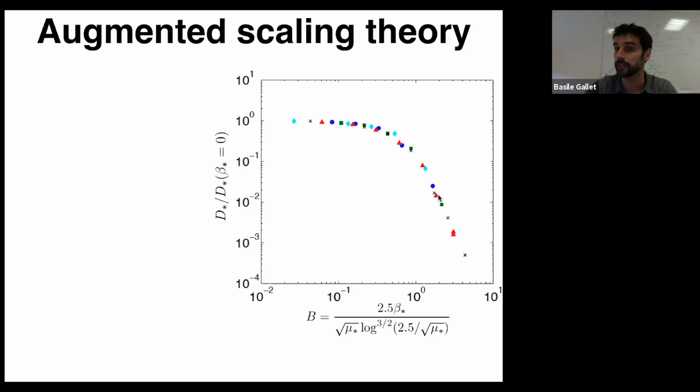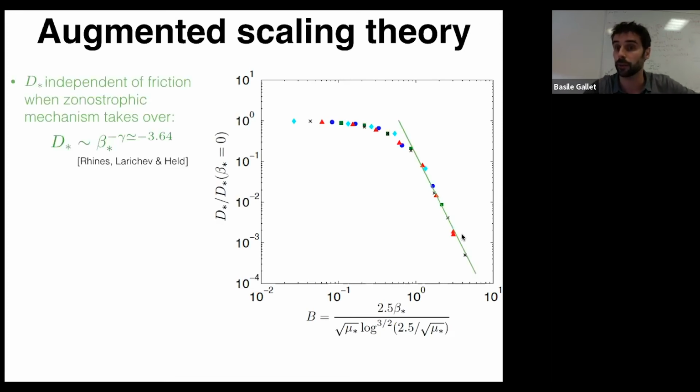And following Rhines or Larichev and Held, you can say, well, when beta is really the dominant mechanism and this zonostrophic mechanism is channeling the energy into zonal jets, then maybe I can just forget about friction, since the friction mechanism is not playing a role anymore. So if you ask for friction to not play a role in this limit, you get an approximate scaling law, approximate because you have log terms here, where D star should be beta star to the minus 3.64.